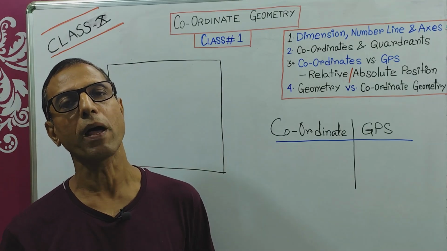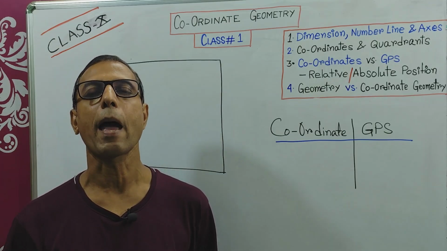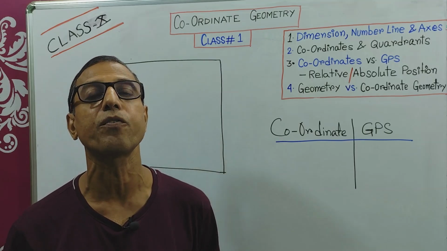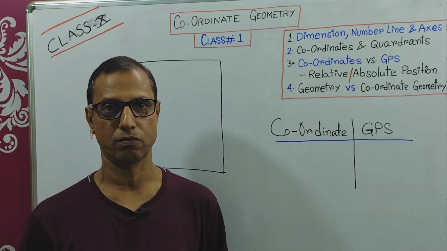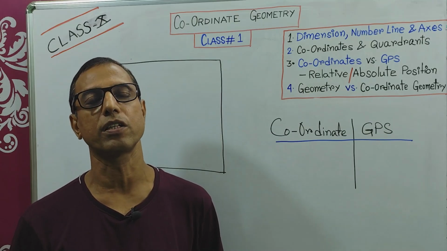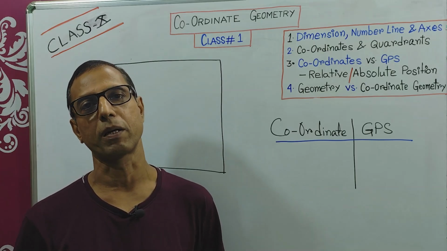Whereas GPS, the global positioning system, is an absolute position which depends on the center of the Earth, which is fixed. That center, or origin, you cannot change; there is no chance of change for that particular origin.